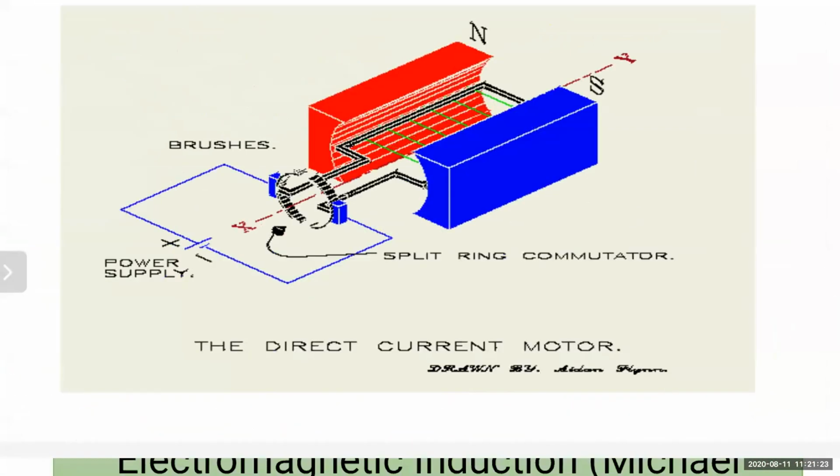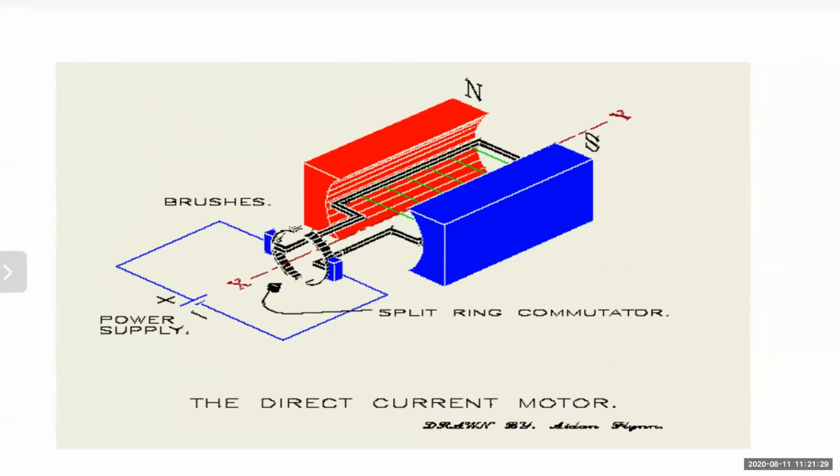Remember that the magnet, the north and south pole, exerts the magnetic field, and it creates a force when the current flows through the coil. The magnetic force is exerted according to Fleming's left-hand rule. The rectangular loop has two branches, AB and CD.